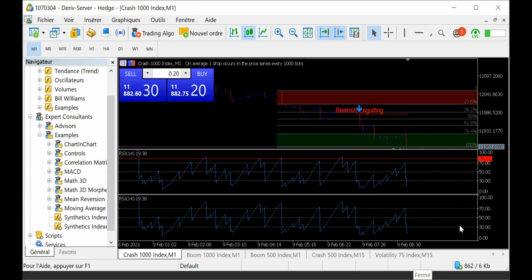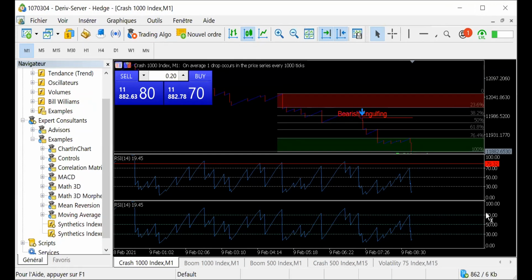Not only the 70 level, but also 30. Pay attention, we'll come back to it. If you need to take our training, contact me immediately.